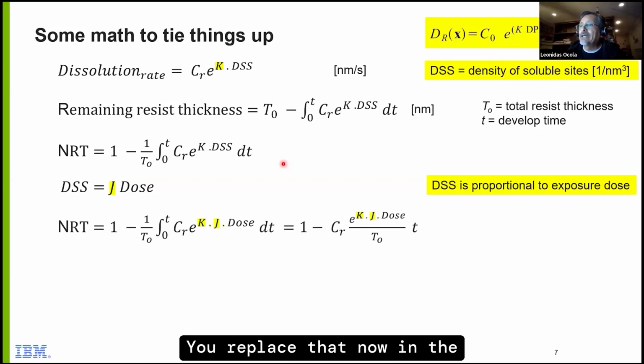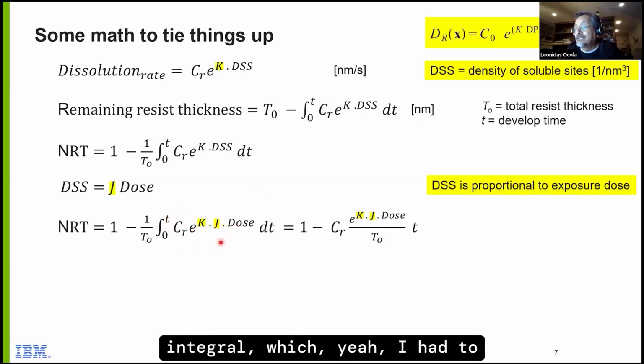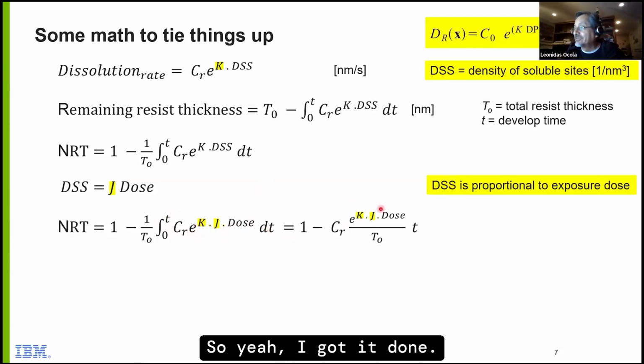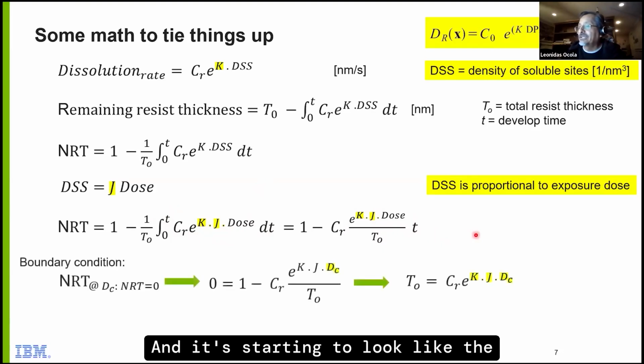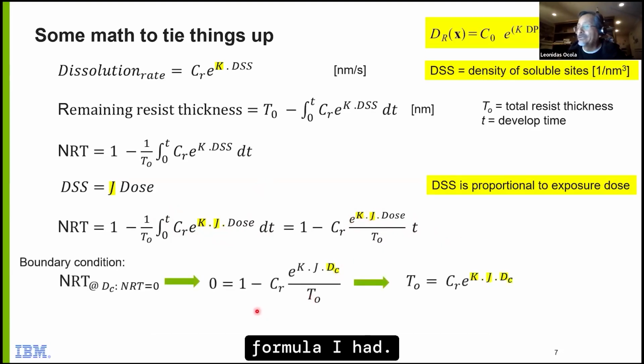If you replace that now in the formula, now you have an expression where you have a dose. And you just carry out this integral, which, yeah, I had to look it up. It's been like, I don't know, 40, 50 years since I've done an integral. So yeah, I got it done. You see here now this function, and it's starting to look like the formula I had.